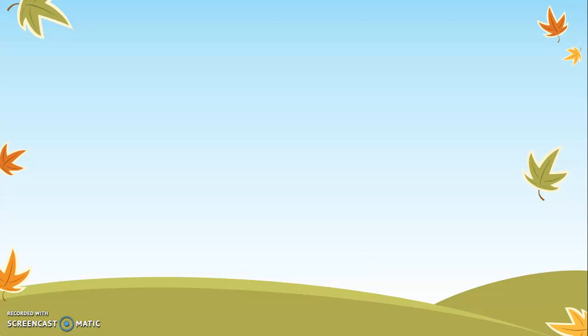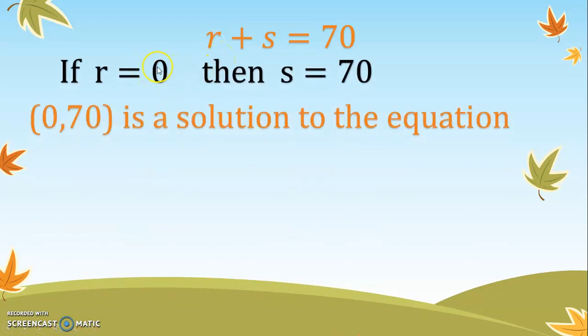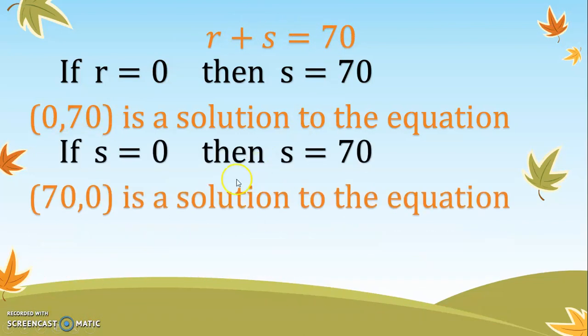So how do we find these numbers? If the first number r is 0, then s is 70. So 0 comma 70. These are two numbers that when you add them, you get 70. If the second number is 0, then r is equal to 70.